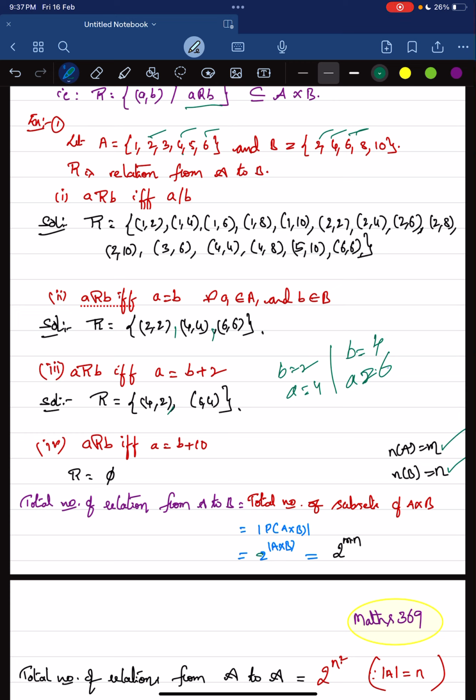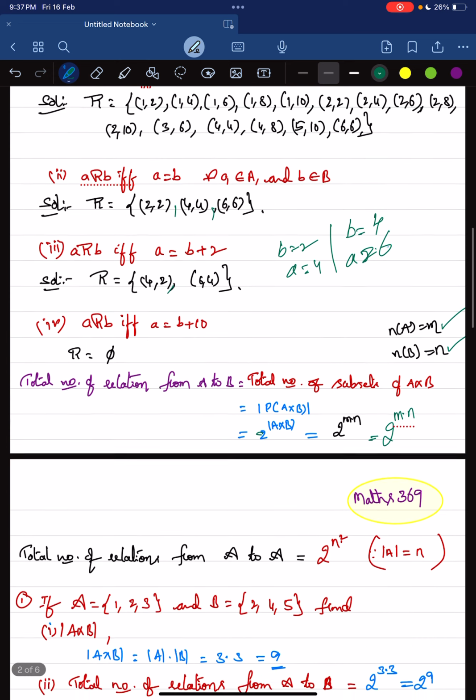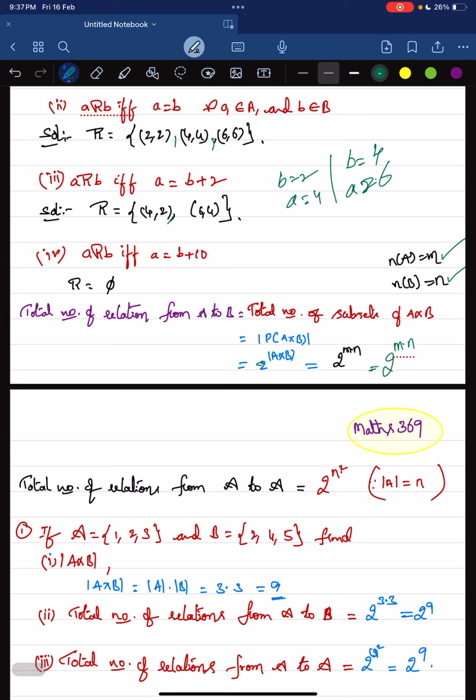So that equals the total number of relations from A to B, 2 power m into n. Now the total number of relations from A to A. If A has n elements, the cardinality of A cross A is n into n. So the total number of relations is 2 power n into n, which is 2 power n square.